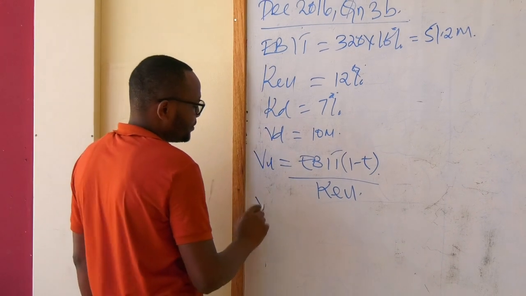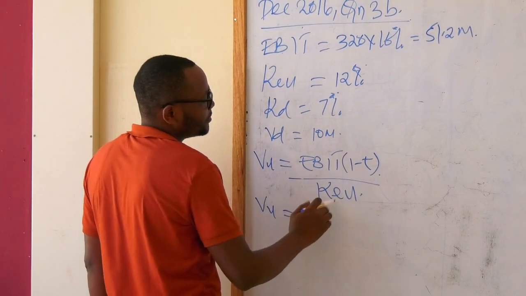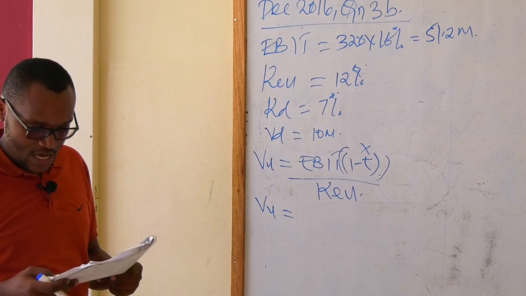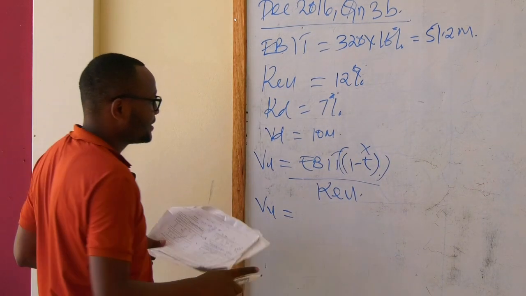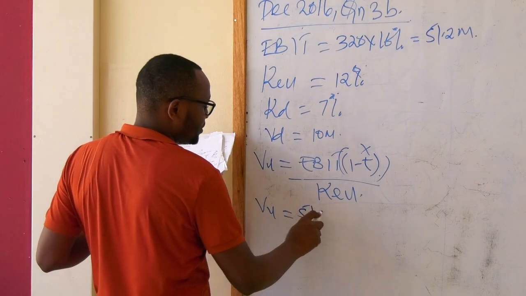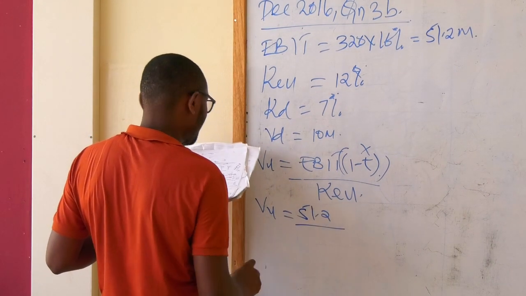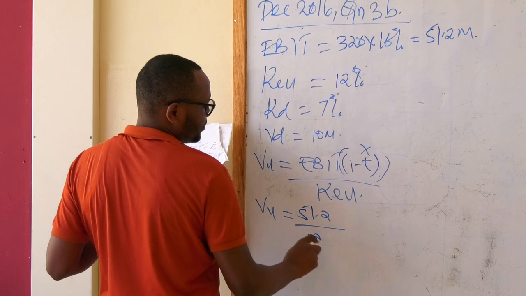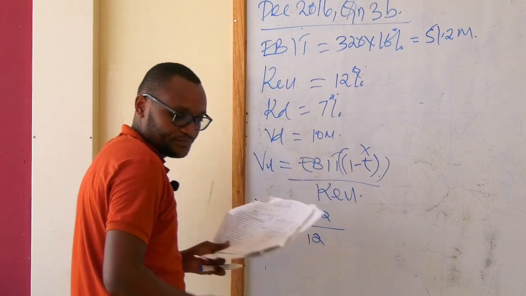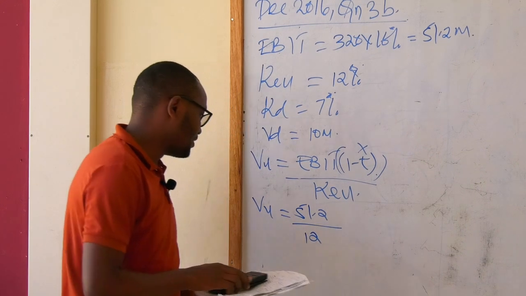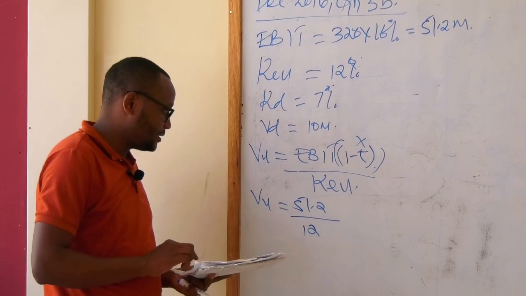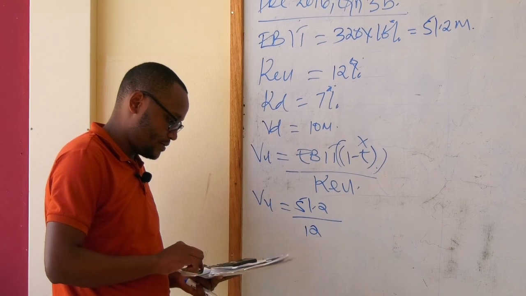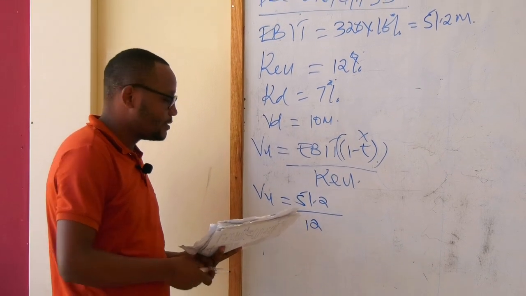Because we have everything here, we can get the value of the firm. Value of the firm is equal to earnings before interest, but here we are not going to consider taxes because we are being told without taxes. So EBIT is 51.2 over K, and K is 12%.